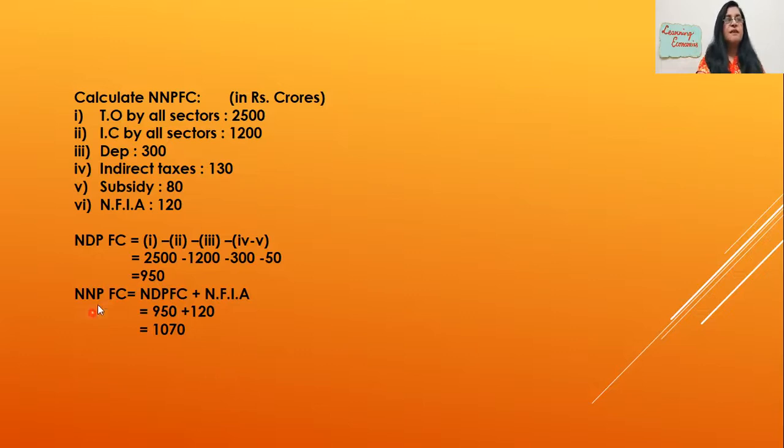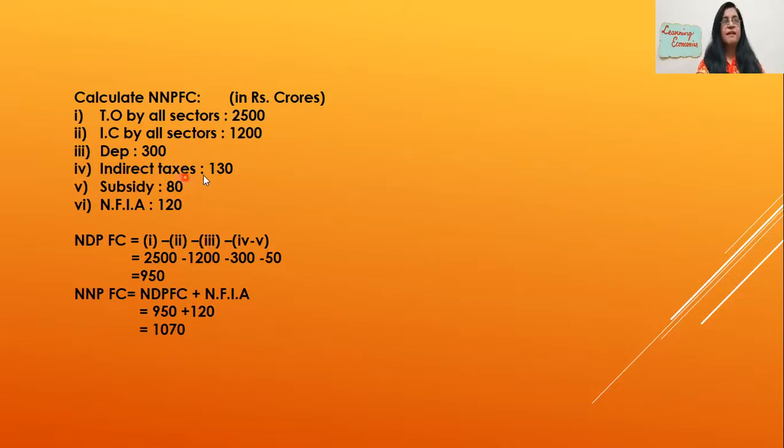So now you can see that total output of all sectors is given 2500. Intermediate consumption by all sectors is given 1200. Depreciation is 300. Indirect taxes 130. And subsidies 80. And net factor income from abroad, NFIA, is 120. So for NDPFC, we have taken the same formula: total output, 1, minus intermediate consumption, 2, minus depreciation, 3, and minus net indirect tax.